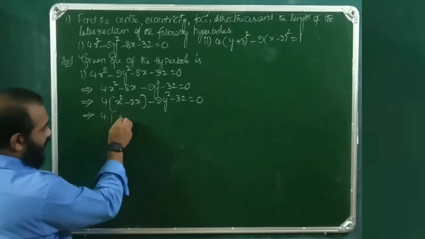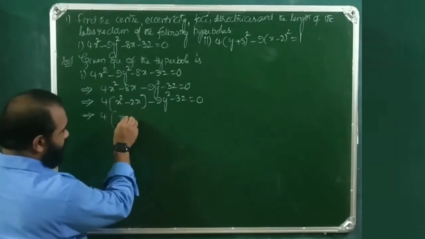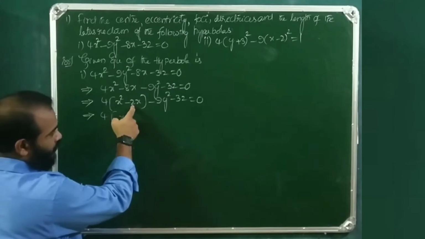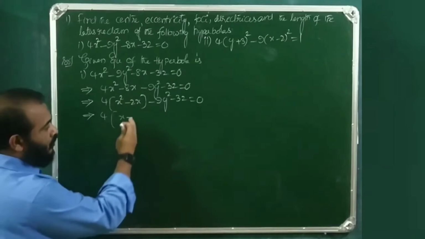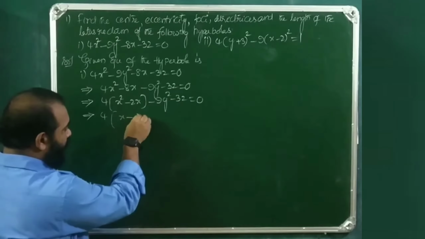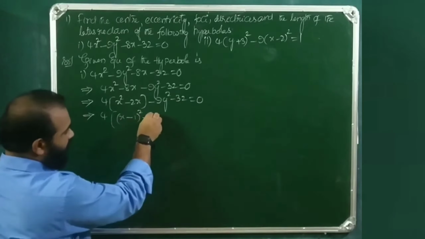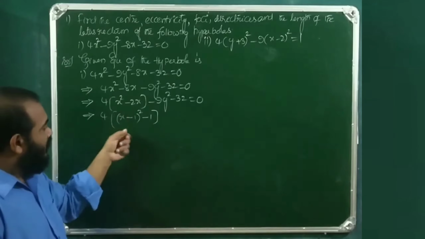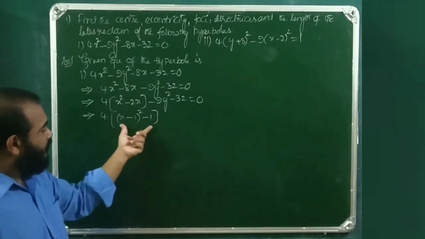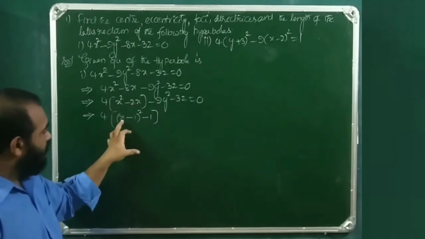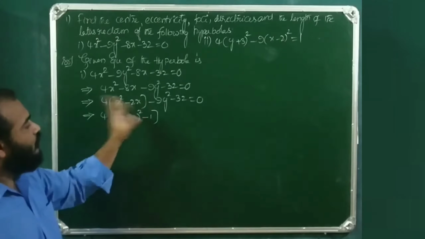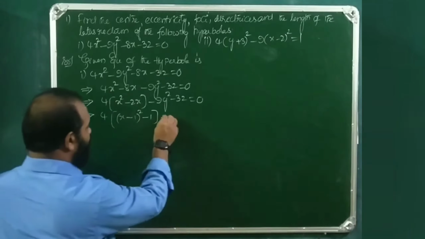So here x minus, the coefficient of x is 2, half of it, 2 by 2 is 1. So (x minus 1) whole square minus 1. This is equal to this only because x square minus 2x plus 1 minus 1 gets cancelled.